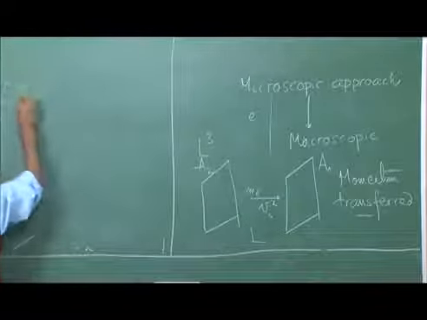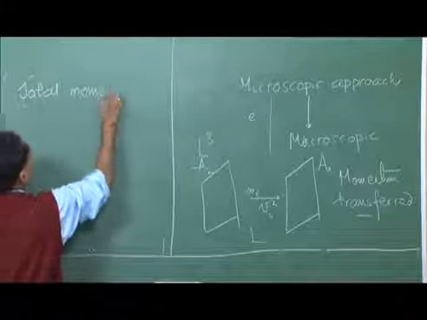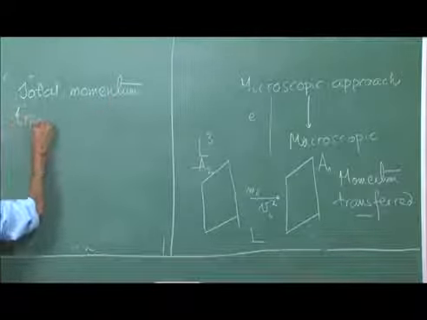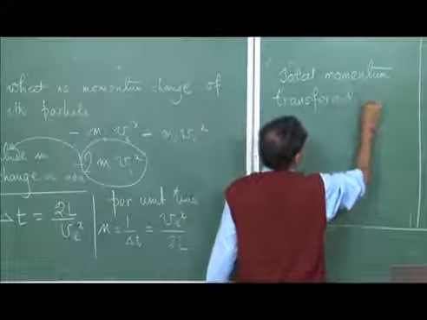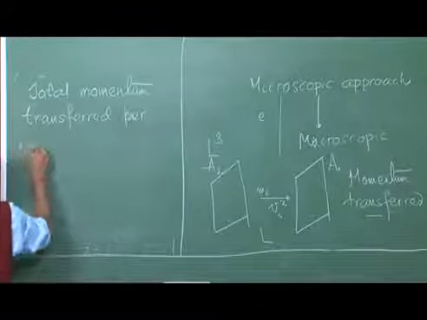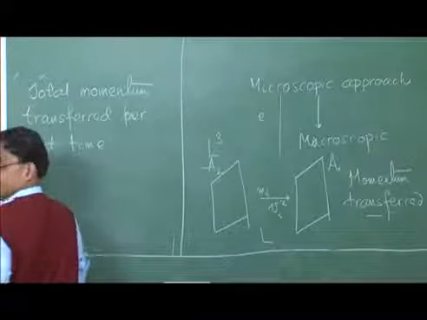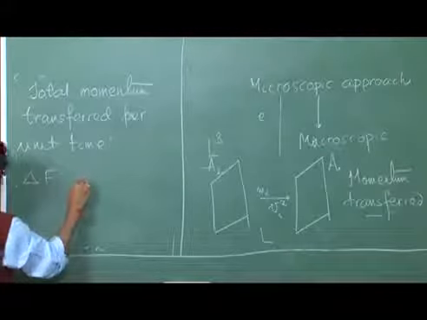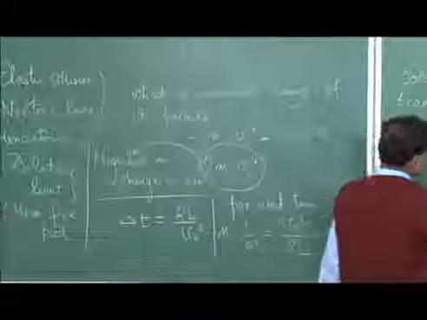So, I calculate the total momentum transferred per unit time, which is simply given by, let us say, delta f, n times 2m Vix.